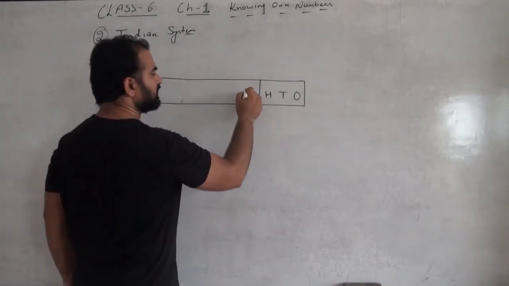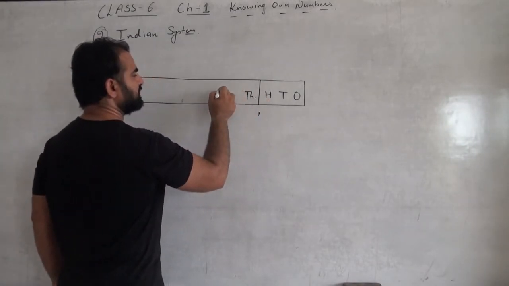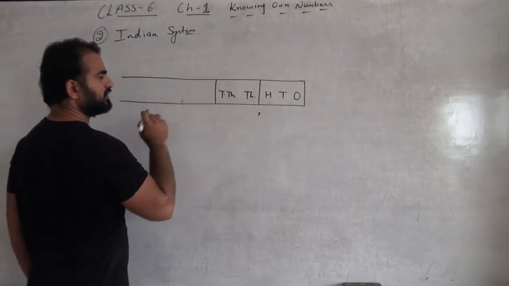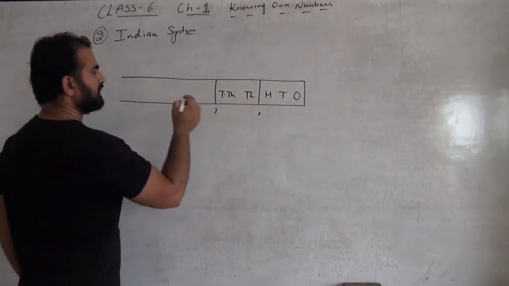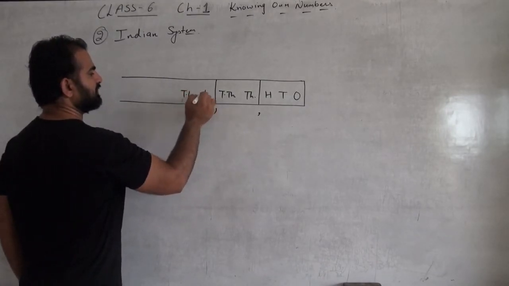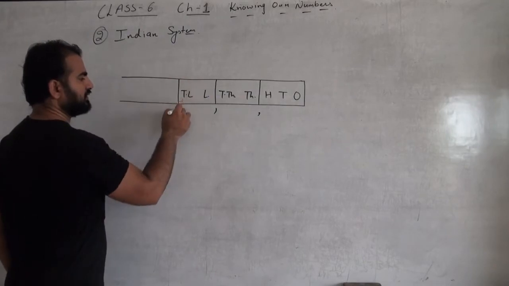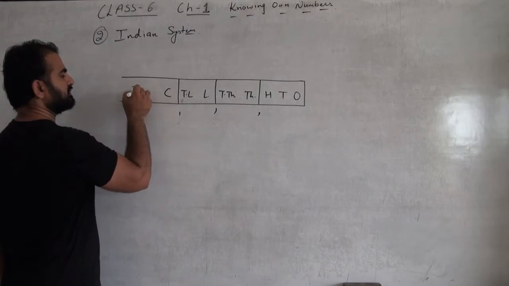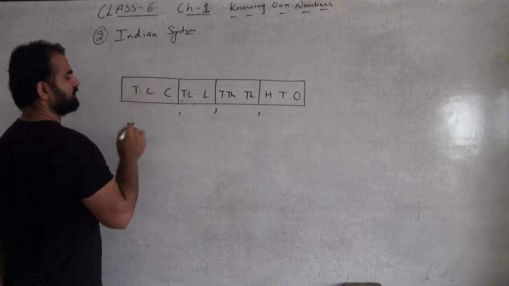This will be the thousands place, this will be the 10,000 place. Again we use a comma. Next, this is lakh and this is 10 lakh. Then this will be crore and this is 10 crore.